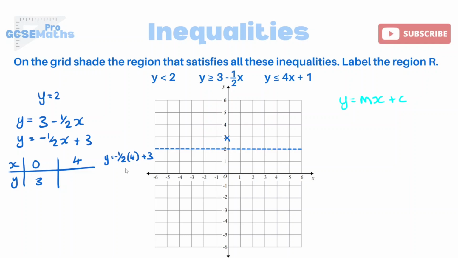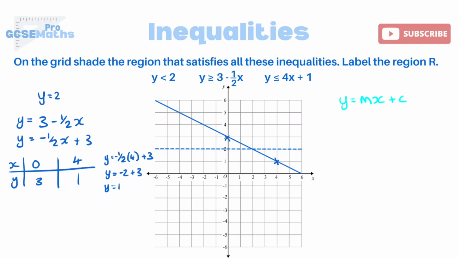It's like dividing 4 by 2. Minus 2 plus 3. Minus 2 plus 3 is 1. Obviously, if you've got a calculator, if this is in a calculator exam, it'll be much easier. So 4 along, 1 up here. Now this one's got the equal symbol, so I am going to do a solid line and try and extend it through the whole thing.